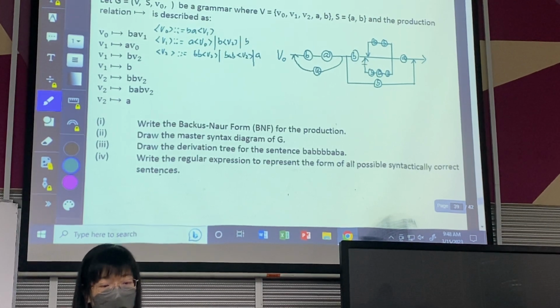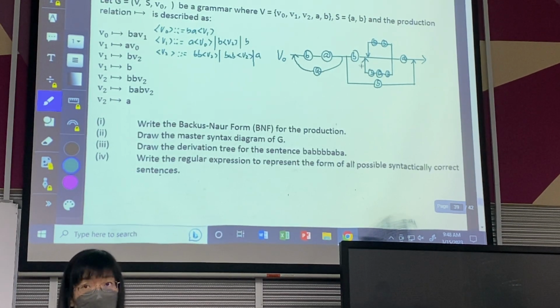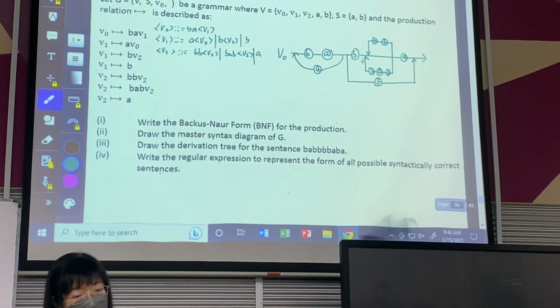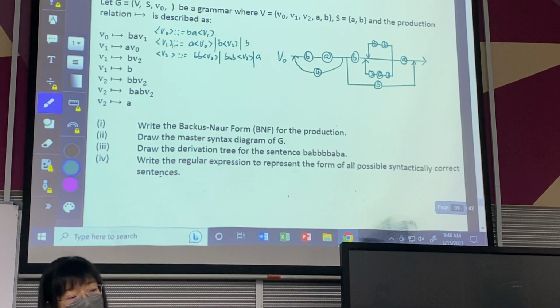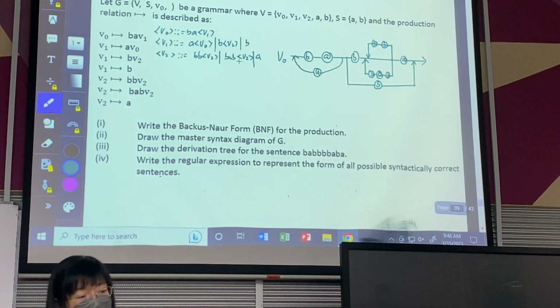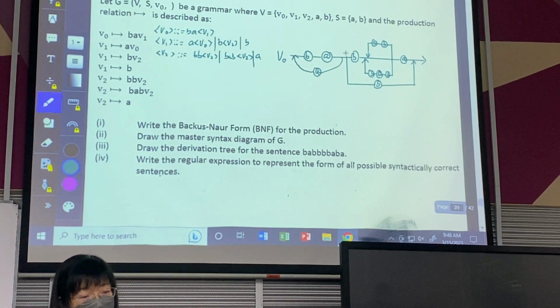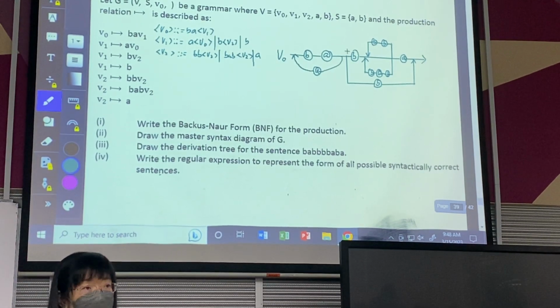So you cannot go out after the first B. After the first B is V2 already. Okay? You can only go out from V1. So the V1 is after the BA. This part, after the BA, you have the V1 here.